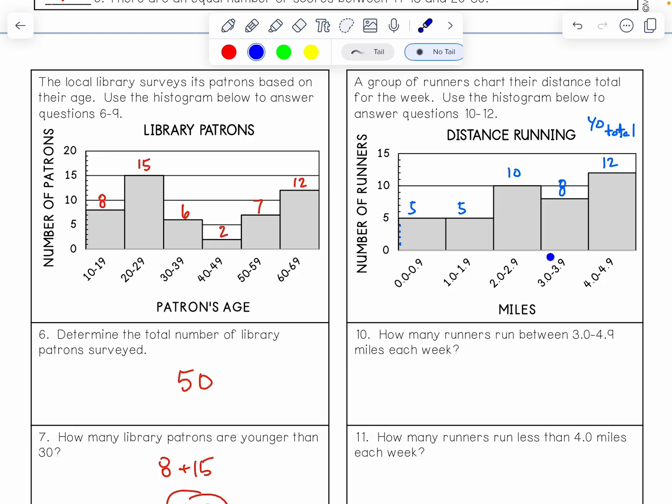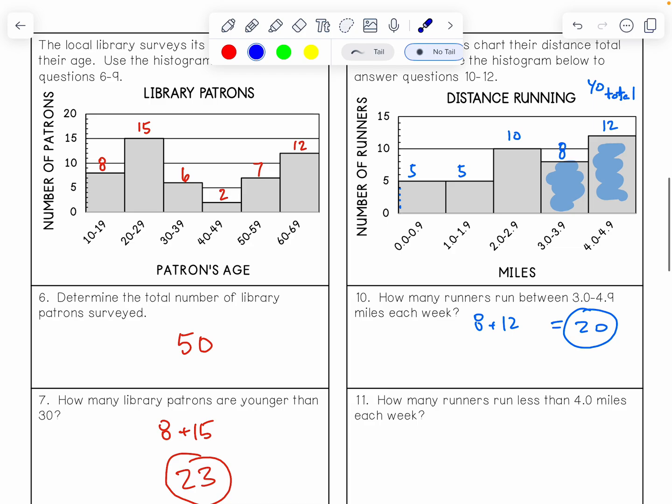So 3 and 4.9, that's both of these. So that's this plus this. That's just 8 plus 12, which is 20 people. How many runners run less than 4.0 miles each week? So less than 4.